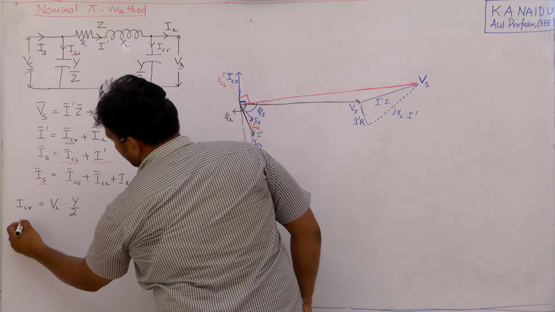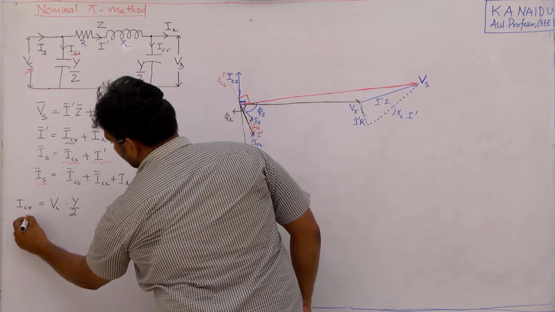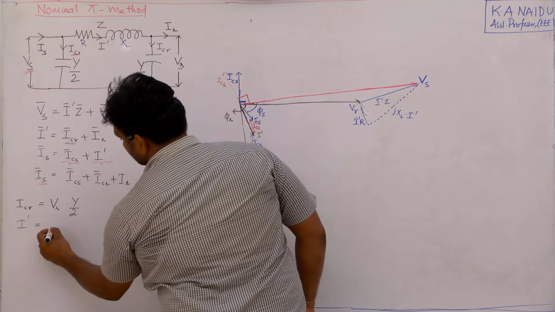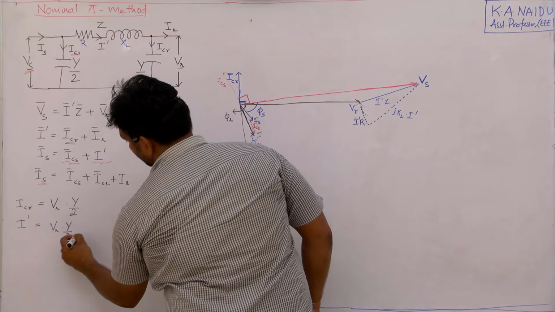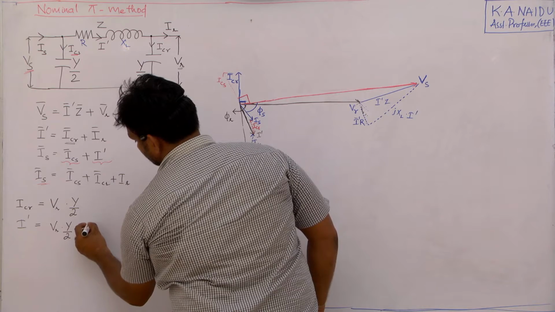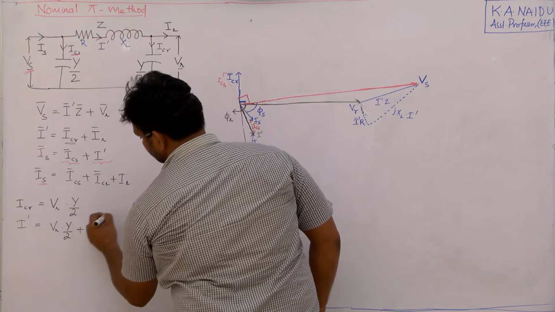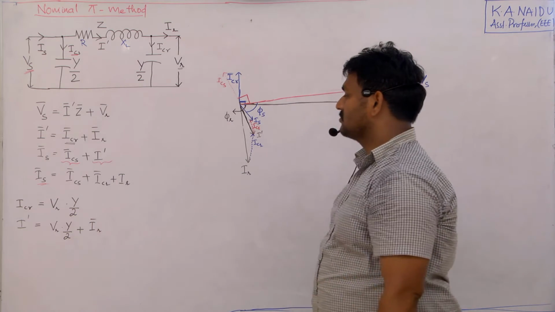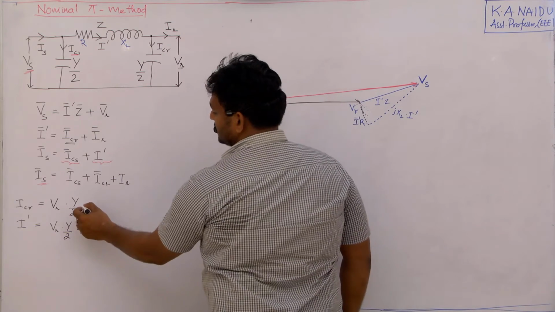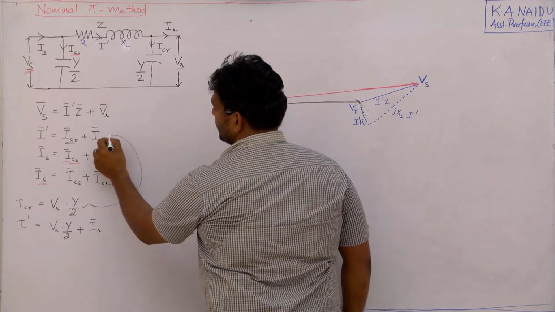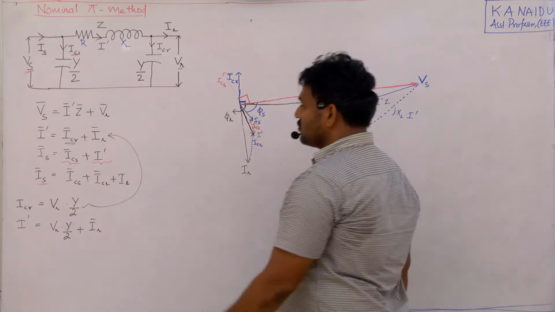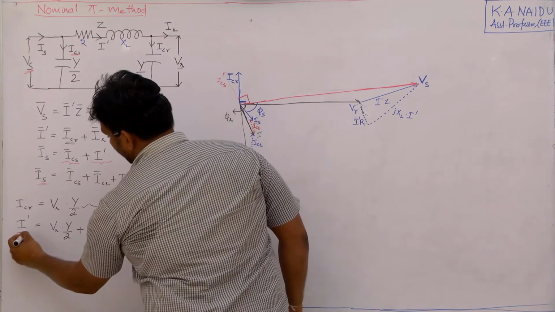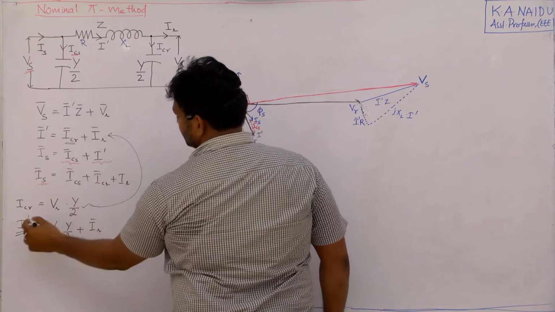Therefore what will be I dash? I dash will be VR into Y by 2 plus IR. Clear? This ICR is substituted in this equation. Now you substitute the value of this I dash in this equation.